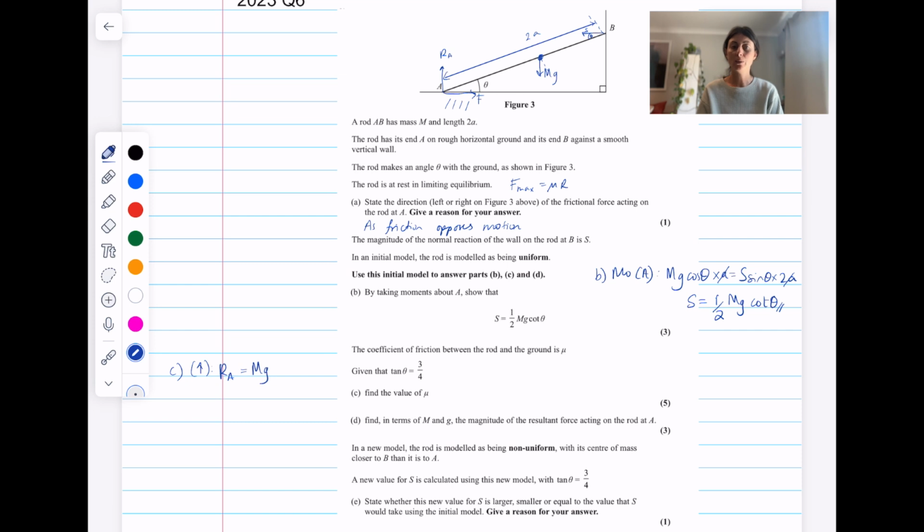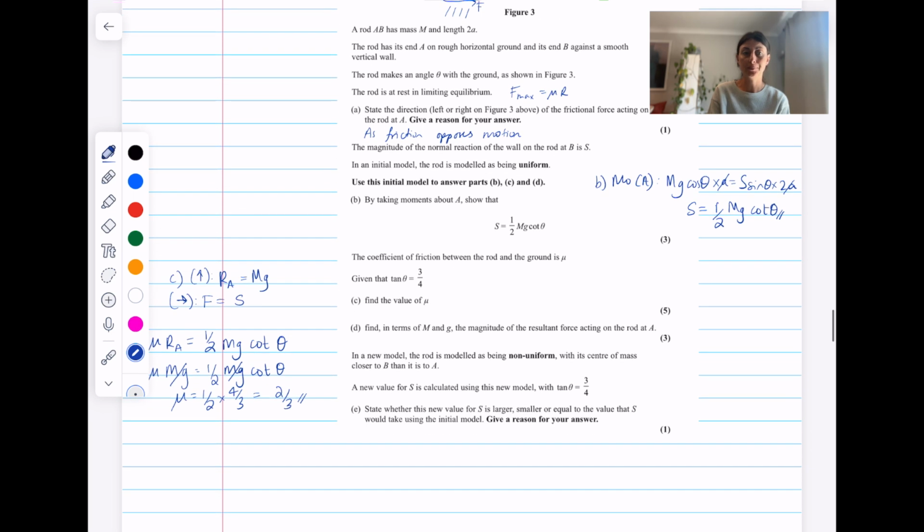We know that F equals S and we want a mu in our answer, so substitute F into your answer for part B. Substitute in S equals F, and then we can also substitute in using F equals mu RA. Cancel mg on both sides. And if tan theta equals 3 over 4, we know cot theta will equal 4 over 3. Solving this, we get mu equals 2/3.